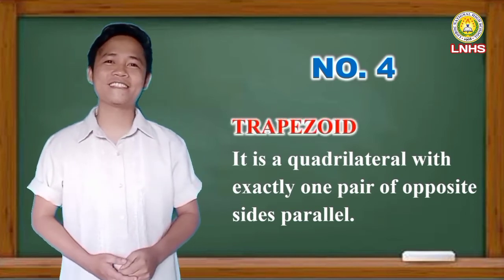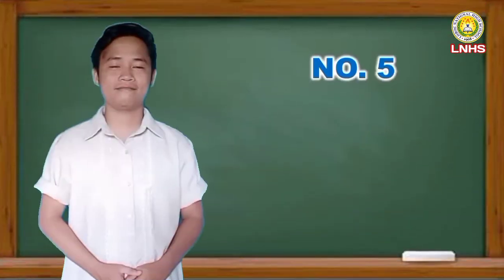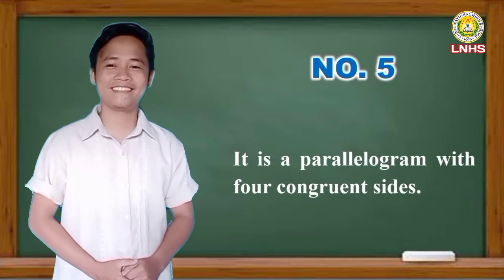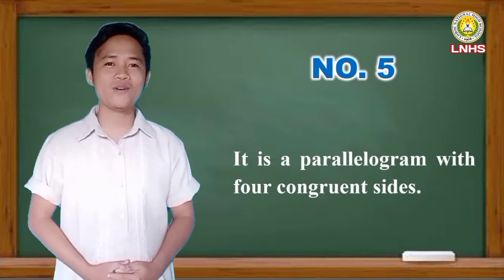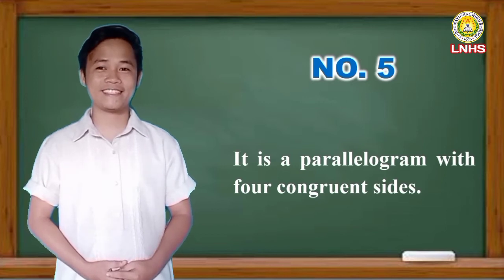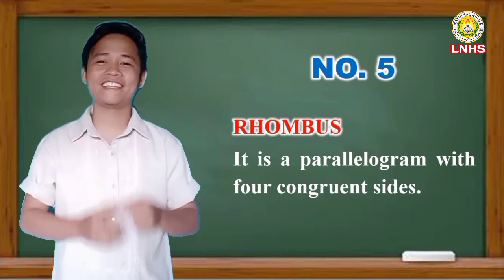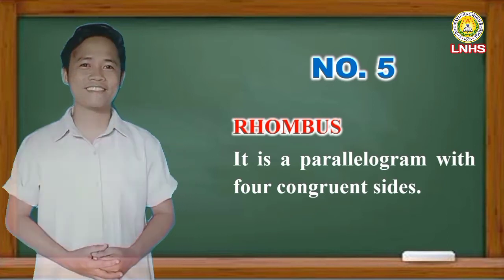Correct. The answer is trapezoid. Number 5. It is a parallelogram with 4 congruent sides. Correct. The answer is rhombus.